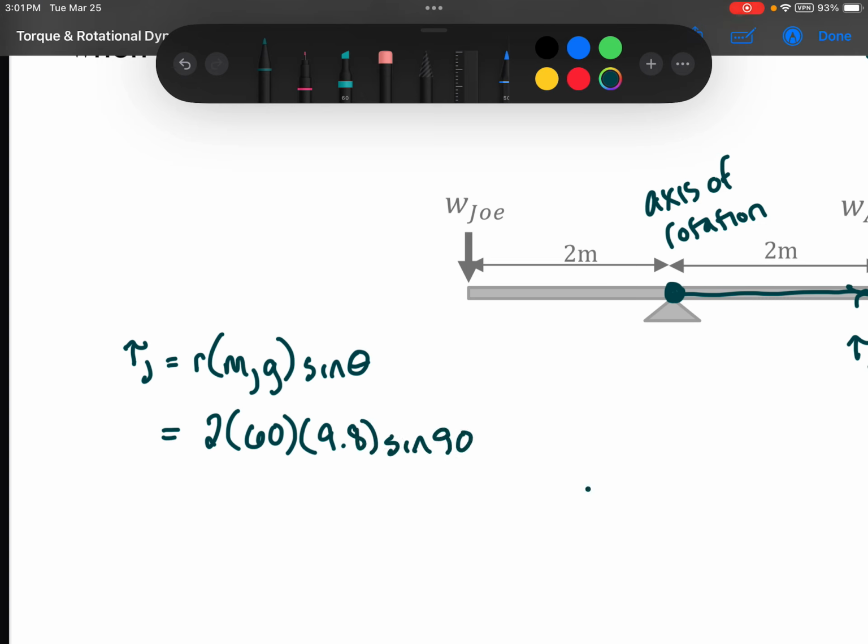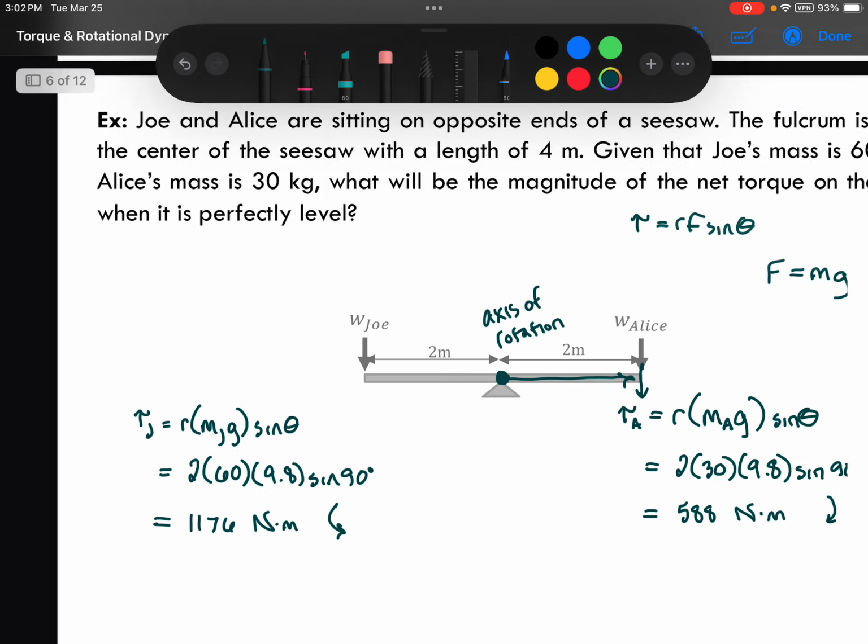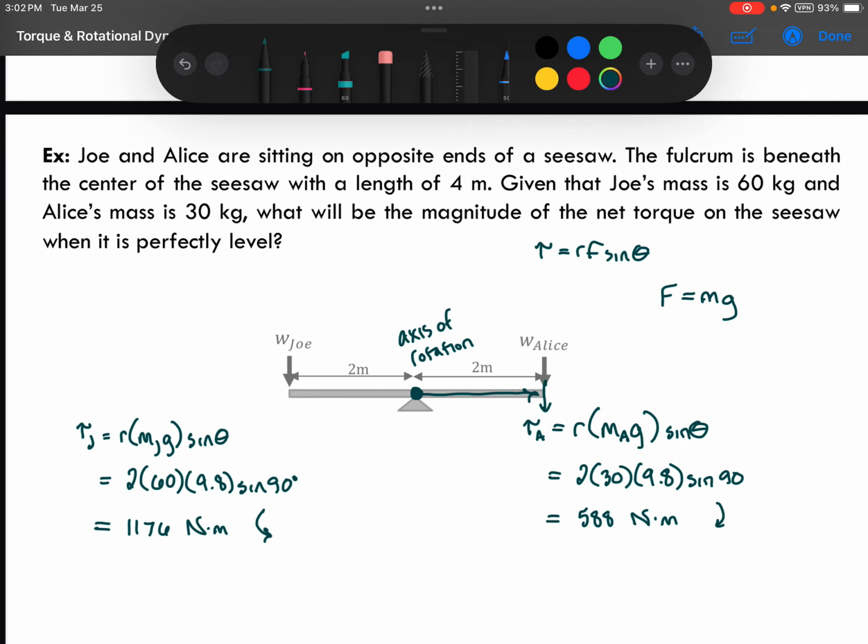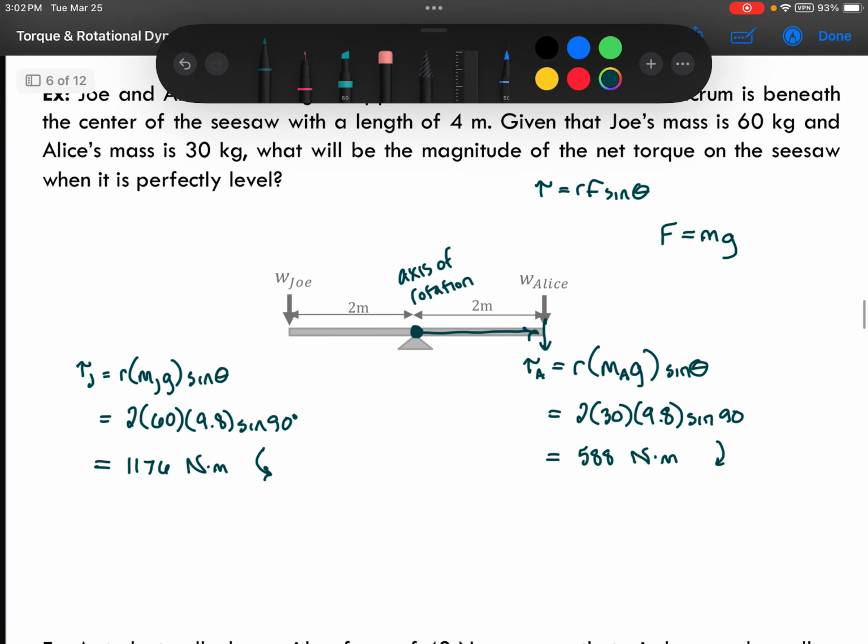And again, his weight is also perpendicular to the lever arm, so sine 90. And multiplying this out, we get 1176 newton meters. And the direction that Joe's weight would cause our seesaw to rotate would be counterclockwise. I hope I said Alice's right. Hers would be clockwise. All right. So those are opposite directions.